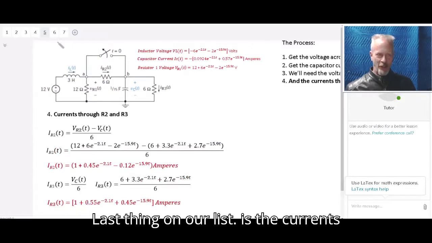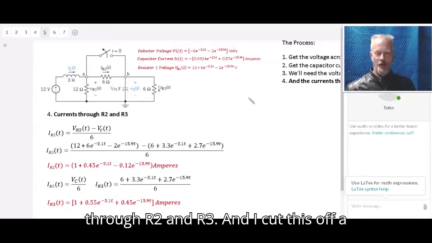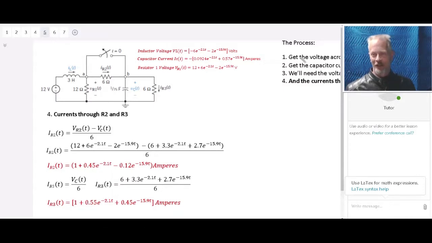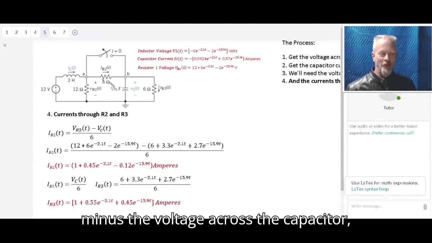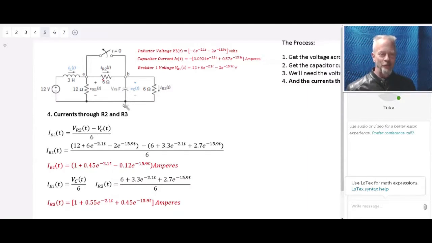Last thing on our list is the currents through R2 and R3. And I cut this off a little bit. Oh well, we'll just have to live with that. So I_R2 is equal to the voltage across R2, which is the voltage here, minus the voltage across the capacitor, divided by 6 ohms.